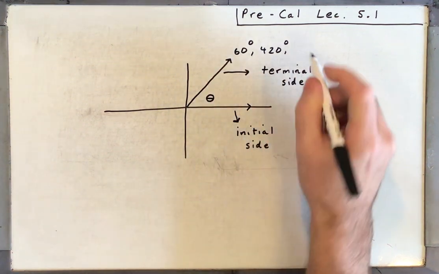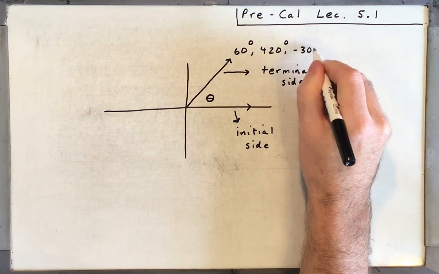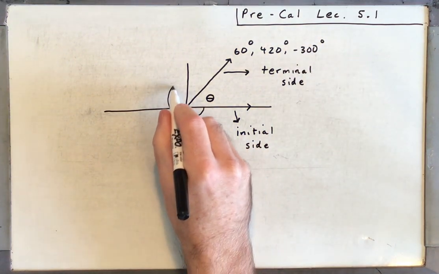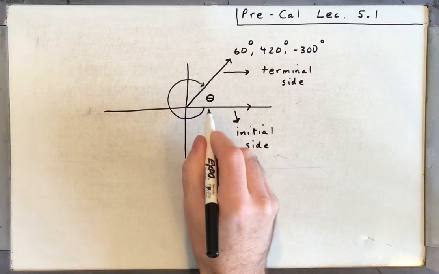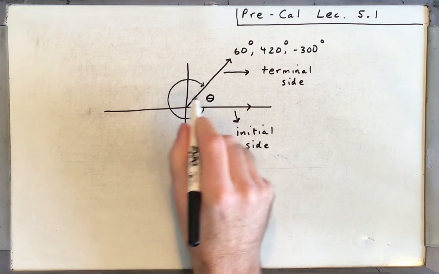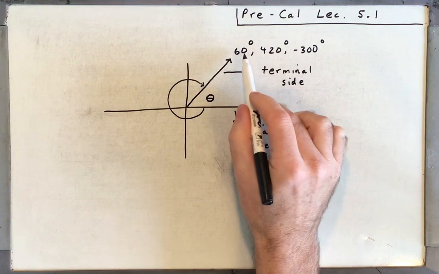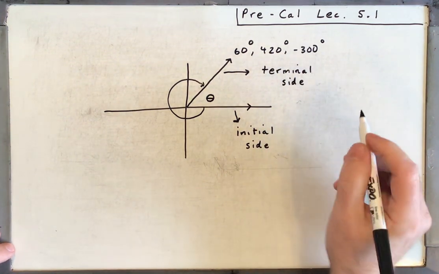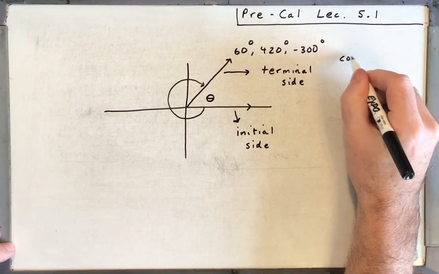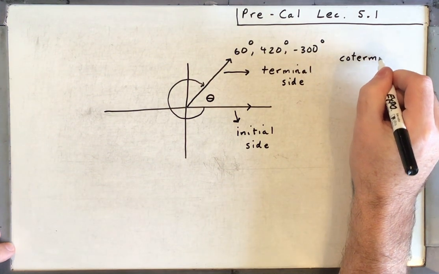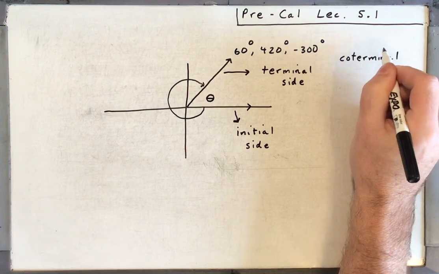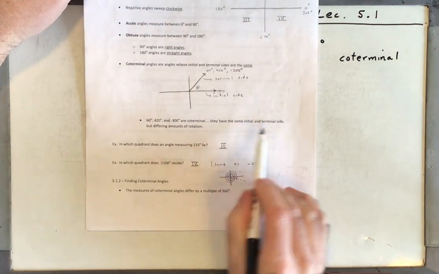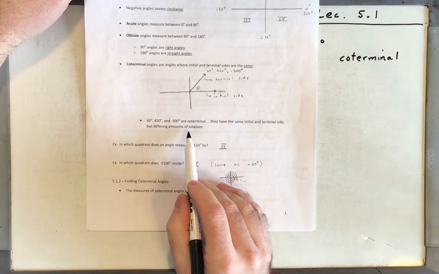The terminal side would still be the same. That would be a negative 300 degrees. If we were to go around like that and then stop right there, that's a clockwise angle, so that would be negative 300. So 60, 420, negative 300, they're all what we call coterminal. They have the same initial and terminal side, but differing amounts of rotation.